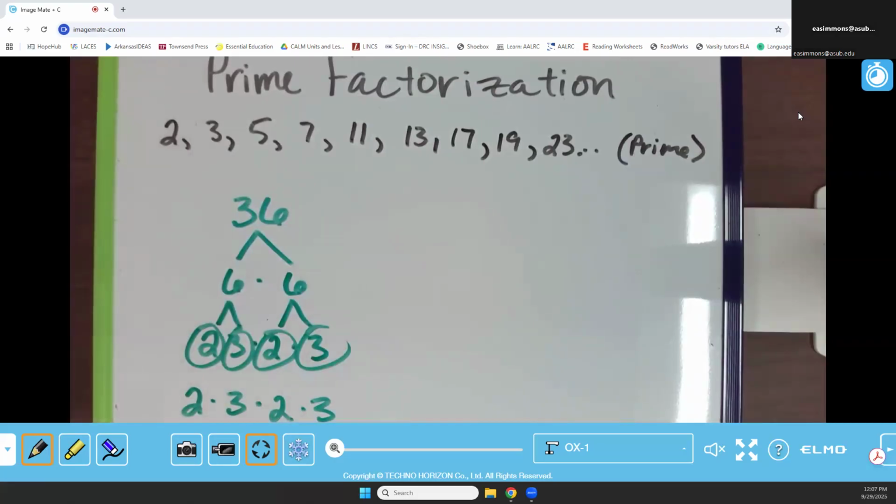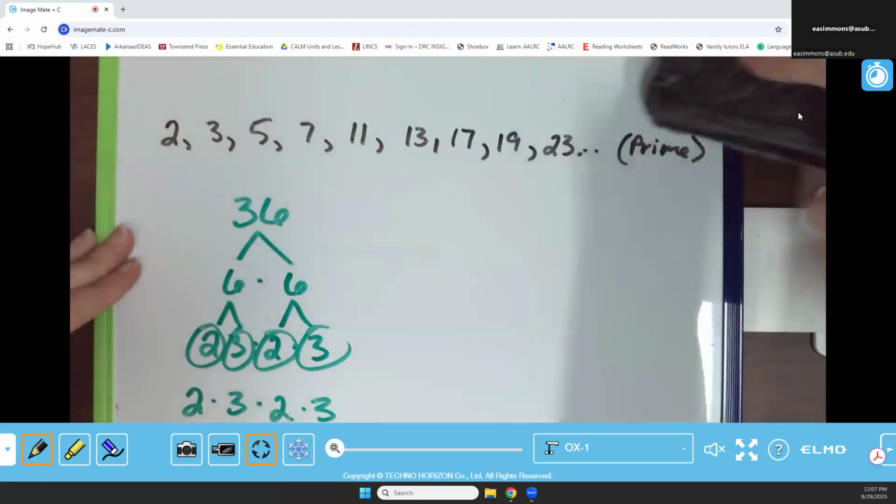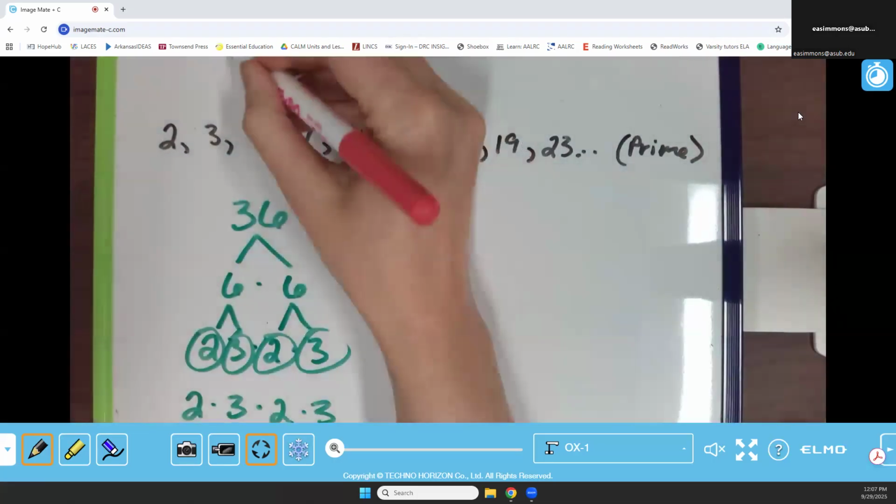If we were doing greatest common factor, that is where we compare two numbers.